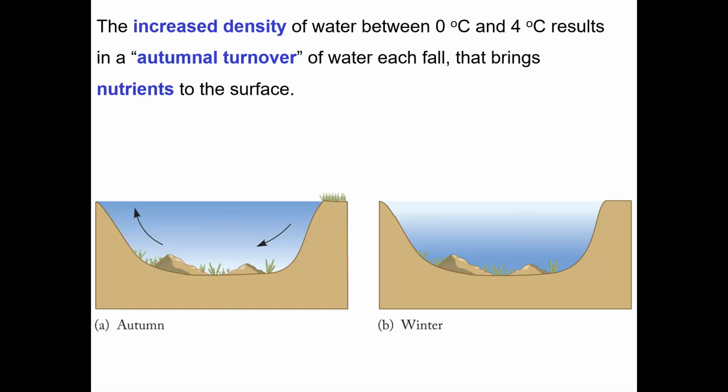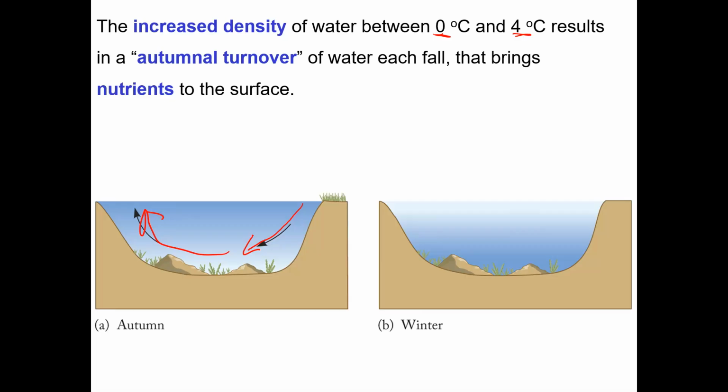So this increased density of liquid water between 0 and 4 degrees Celsius has a few interesting consequences. One of them is that as we cool down to 4 degrees Celsius, the water tends to become more dense and sinks, but then once we cool past 4 degrees Celsius, it becomes less dense and rises.